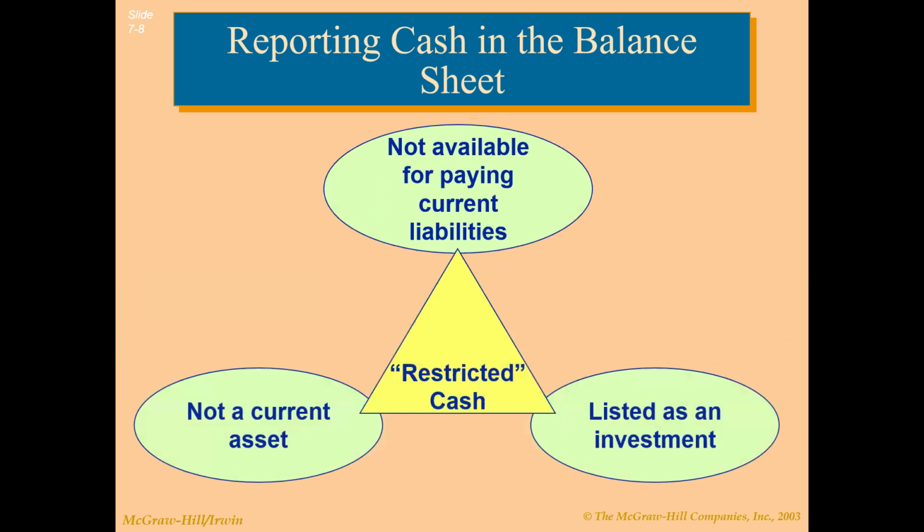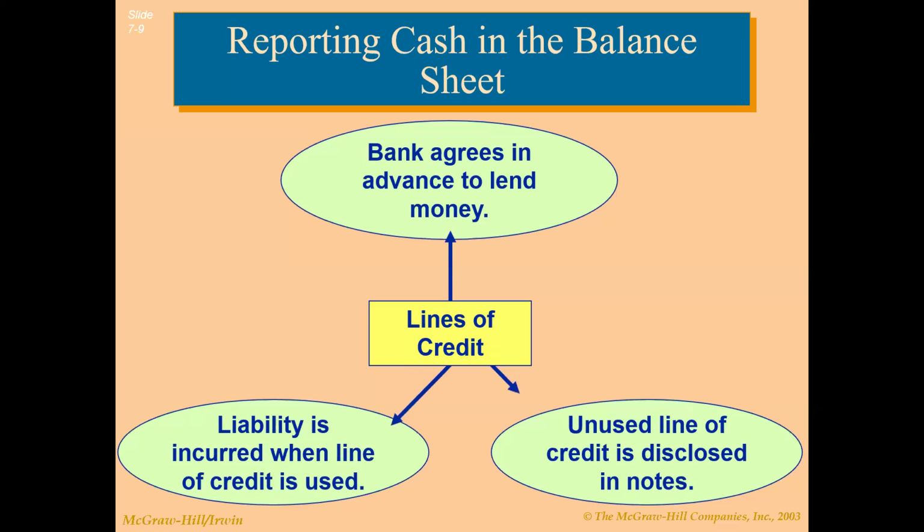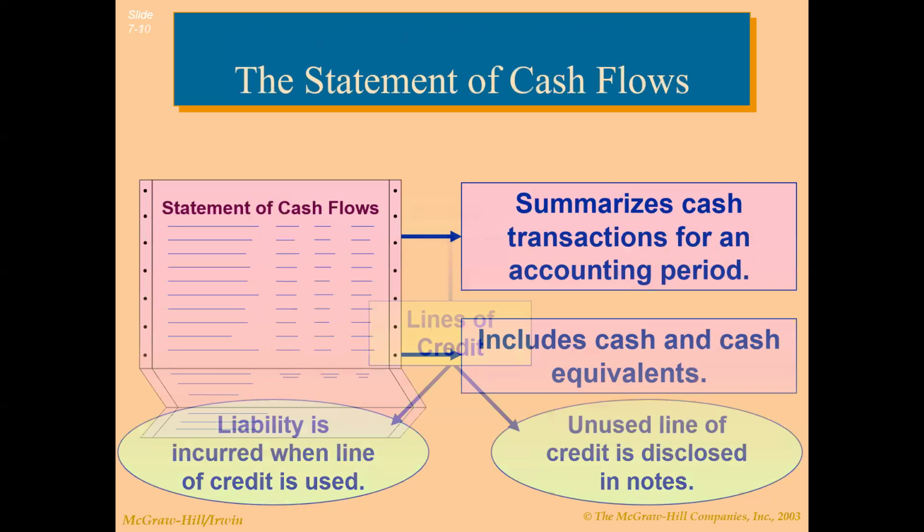Some of it is restricted cash: even though it is available in your accounts, you can't use it. And sometimes you will get line of credit facilities, and you can use this money as required for the business.